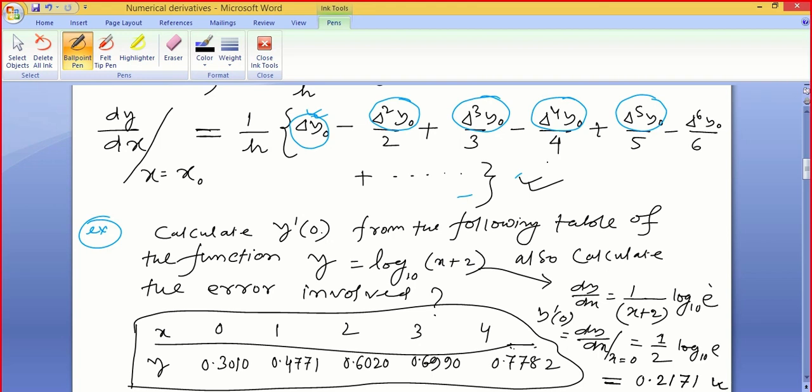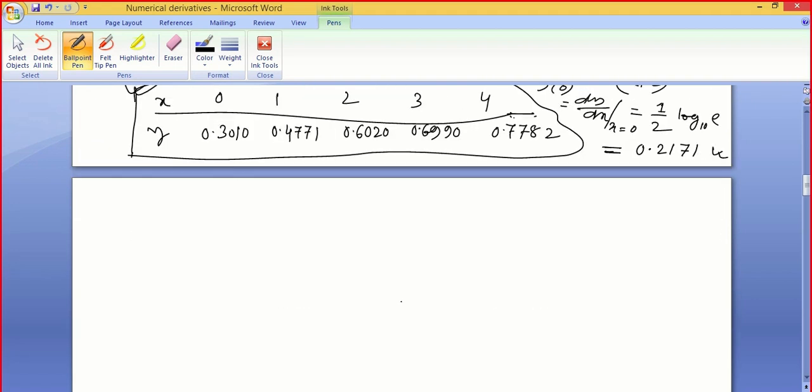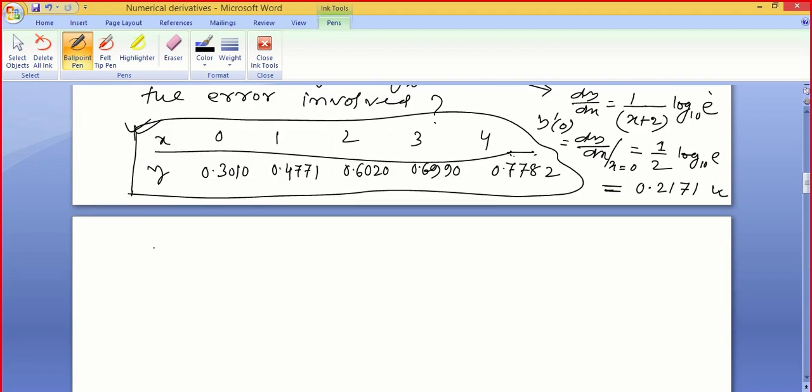This is your exact value. Now with the help of this formula and these data sets, whatever you get is the approximate value. And exact minus approximate, that is the error. That is the particular question. Now for these data sets, you calculate the difference table. X and Y: 0, 1, 2, 3, 4.